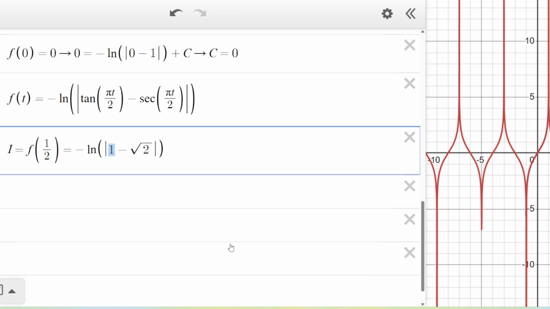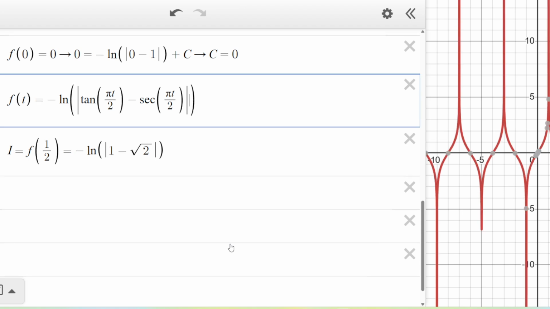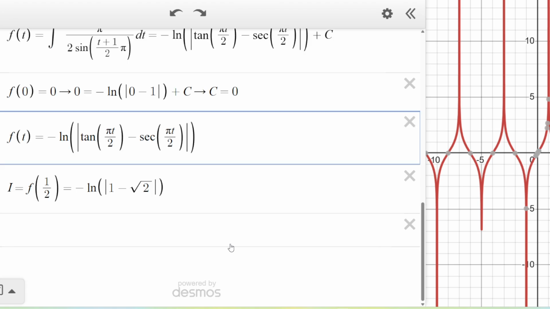And if we plug in 1/2 for t here, we get secant of pi over 4, which is 1 over cosine of pi over 4. Cosine pi over 4 being square root of 2 over 2. So taking 1 over that, we just get the square root of 2. So that is the solution to our integral.